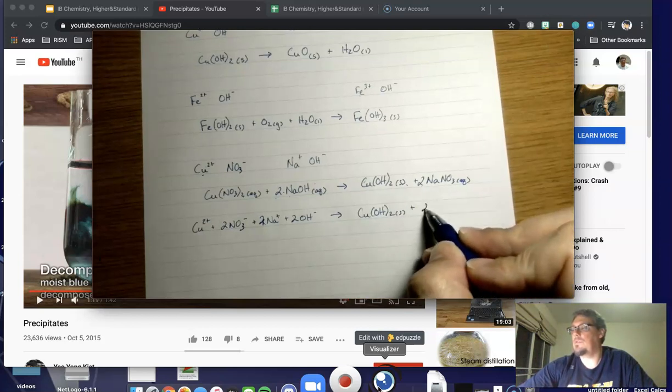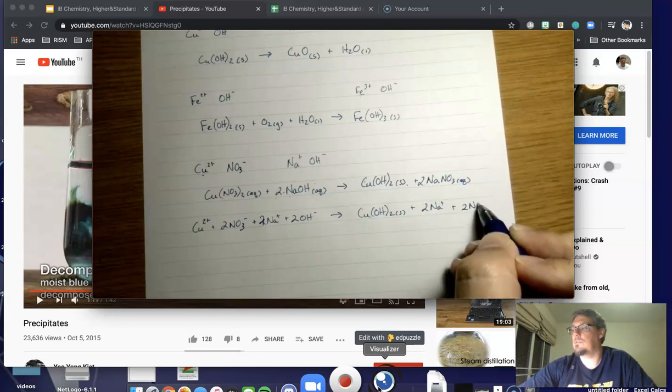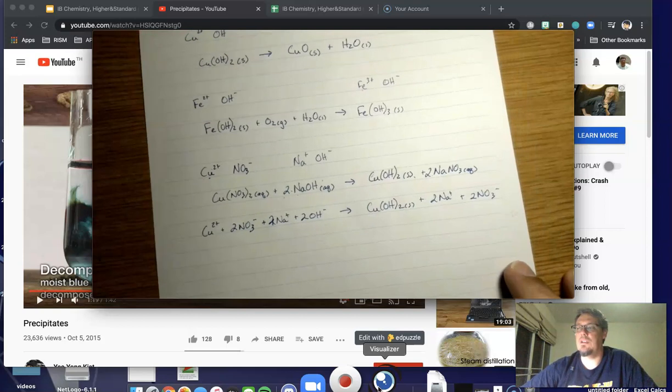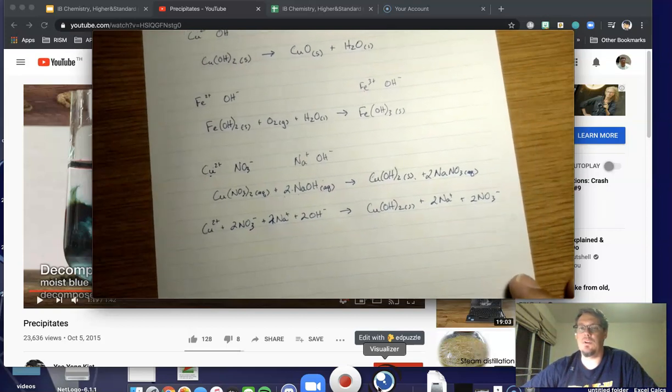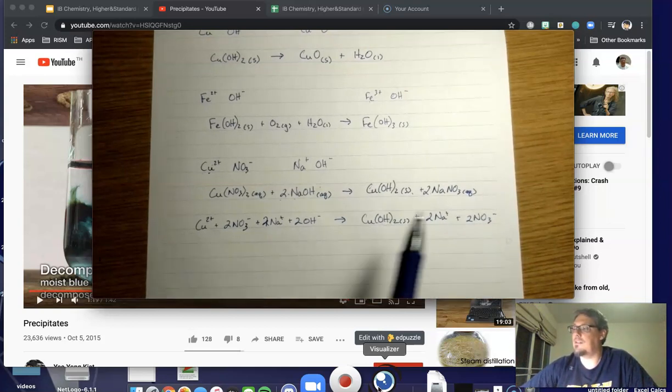And I have 2 sodiums and 2 nitrates. Okay, notice I didn't write my states here on the ions. We can assume ions are always aqueous. In this middle step here, when I write my final equation, I will want to indicate that those are aqueous. Okay, so we can cancel out ions that are on both sides of the equation unchanged.